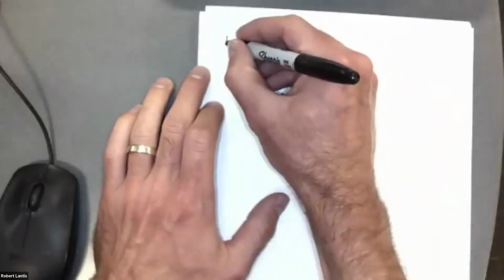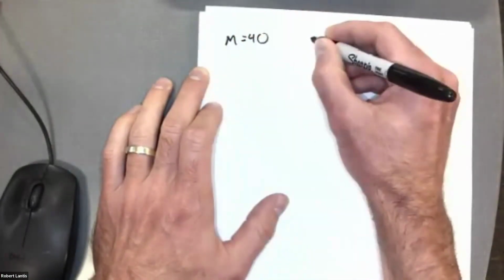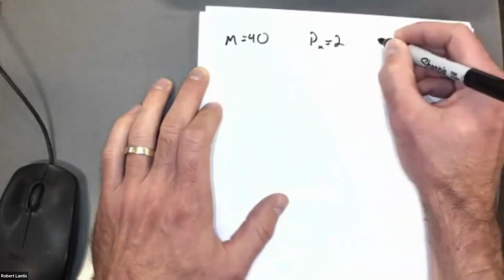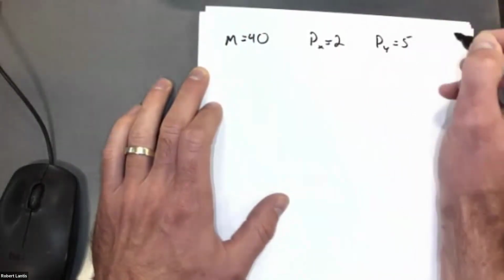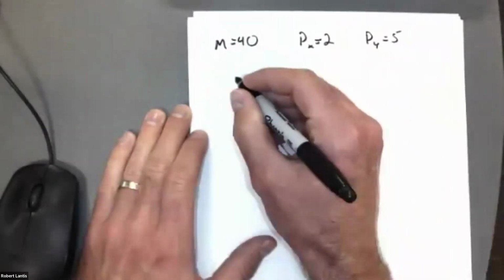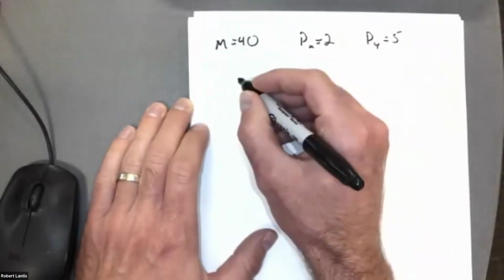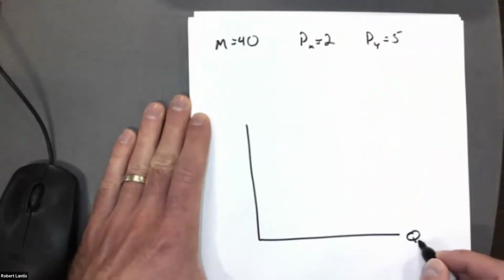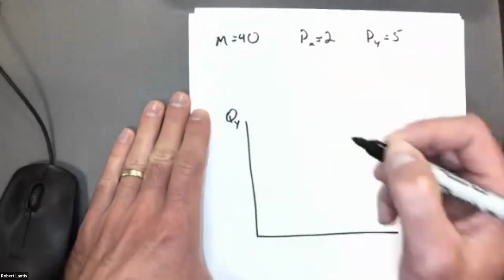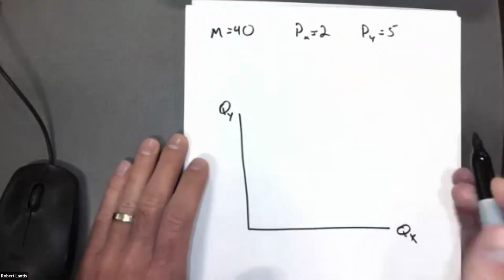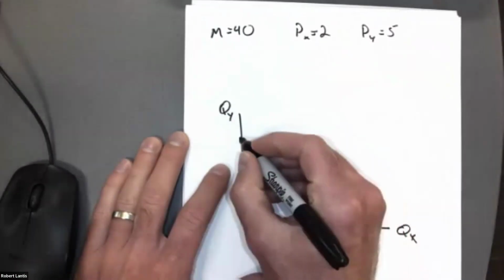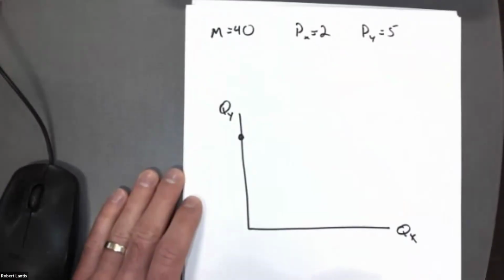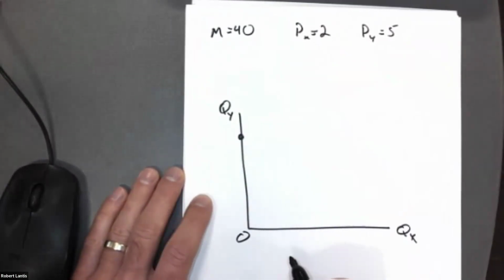So I've got my income of 40, price of good X I think I said was 2, price of good Y was 5. If I want to think about the different combinations of good X and good Y I could purchase, if I was only purchasing good Y here, how much total could I afford?